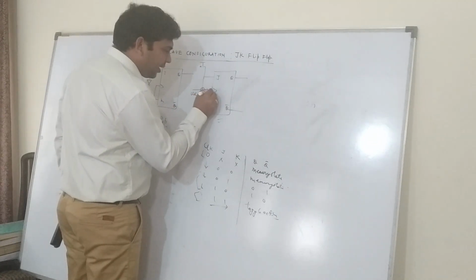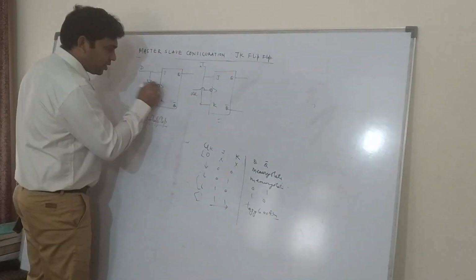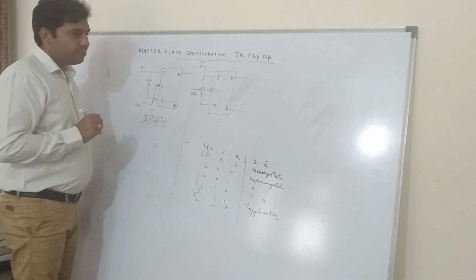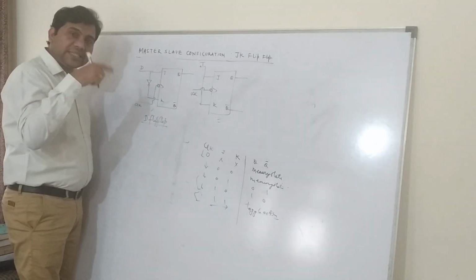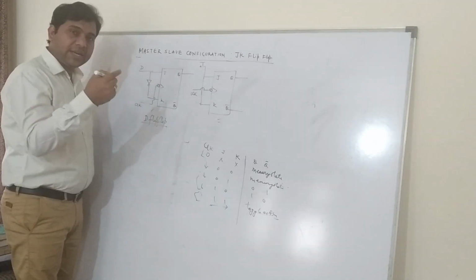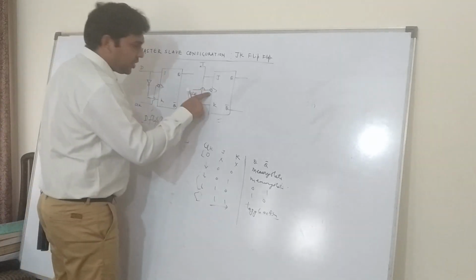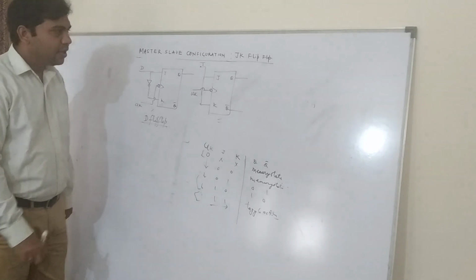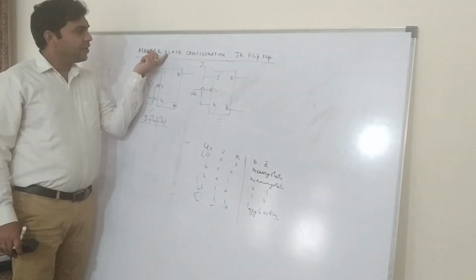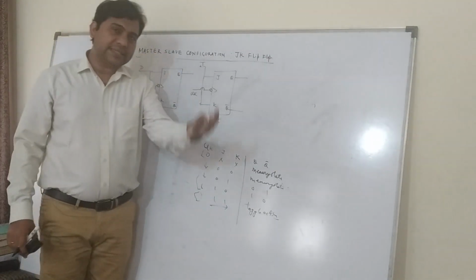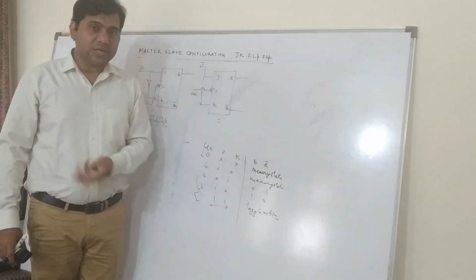Since this is a master slave configuration, you can use a negative edge trigger here. It's basically a negative edge trigger, because in a master slave configuration the changes appear to be at the negative edge, when the clock is going from high to low, so we can use a bubble here. Now, in master slave configurations we have added an extra circuit, an extra cost.